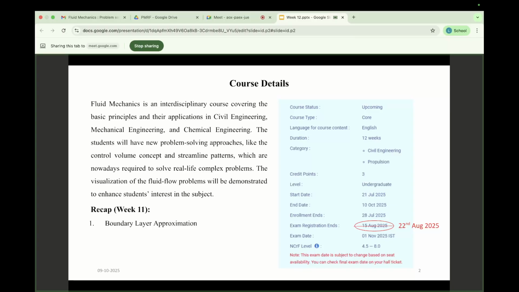The questions that will come are based on this fundamental approach, and you can go through it and easily solve such types of problems.